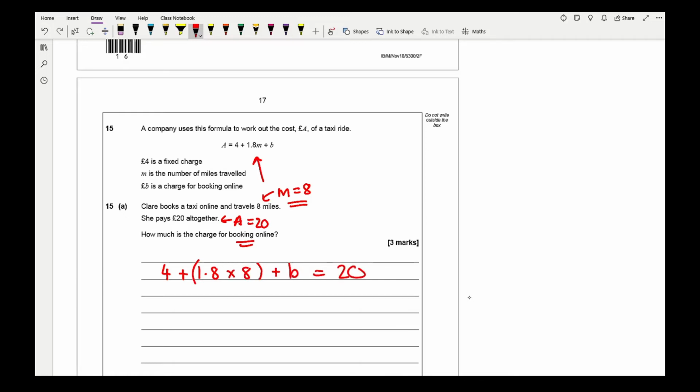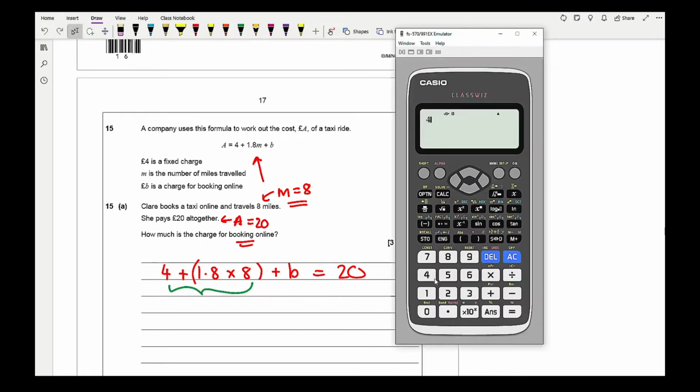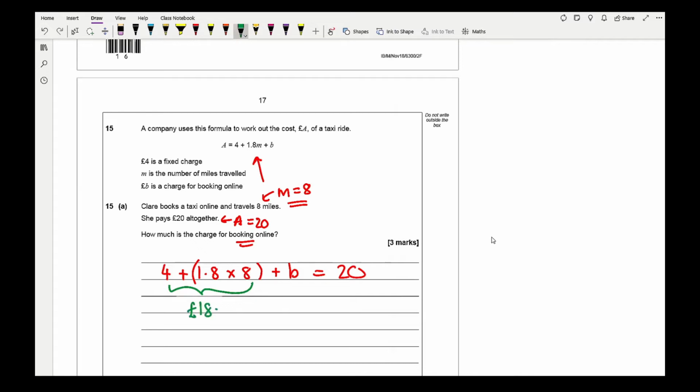So what I need to do is work out what these two things here add up to. If I get my calculator out, I do 4 plus, in brackets, 1.8 times 8, and that gives me an answer of £18.40. So I've got £18.40 plus B equals £20. So to work out B, I need to take that away.